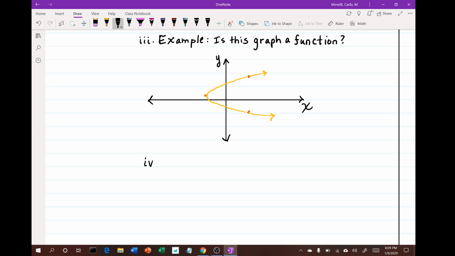Okay, so there are some limit cases here. I need to look something up here. So we're going to do the circle next.